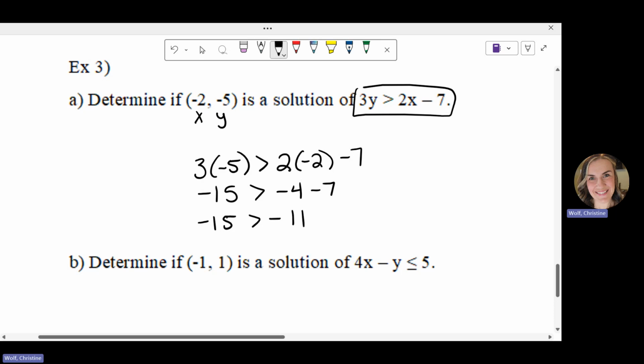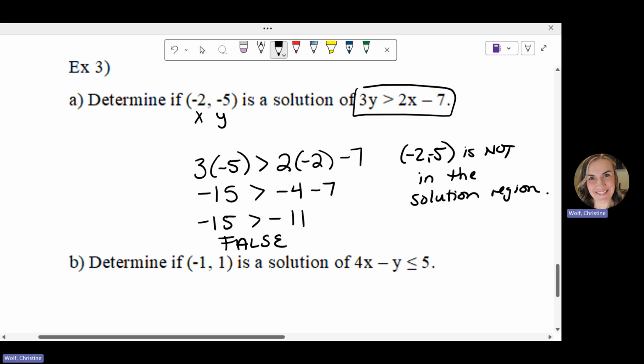And you just ask yourself, is that true or false? Is negative 15 greater than negative 11? No, it's not. It's smaller. So this is false. So that means that this point, negative 2, negative 5, is not in the solution region. So it would not be one of the shaded points.